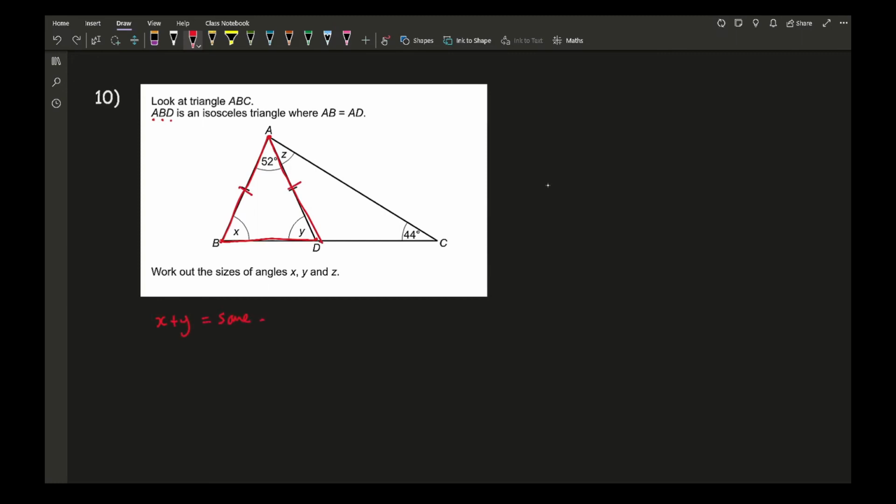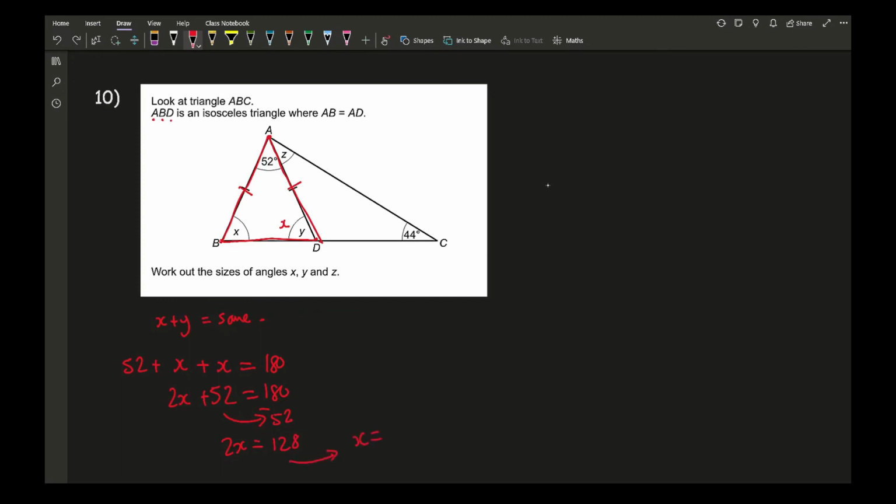So working with this particular angle, we can know that 52 plus X plus X equals 180, because if these two angles are going to be the same, then I might as well call that one X as well. So here I've got 2X plus 52 equals 180. Again, the opposite of adding 52 is to take away 52. So I've got 2X equals 128. What times 2 gives you 128?